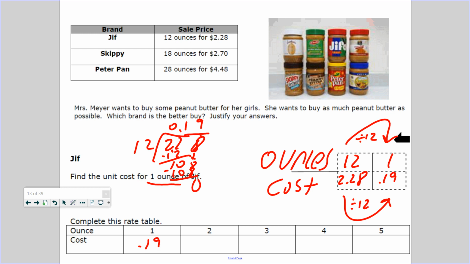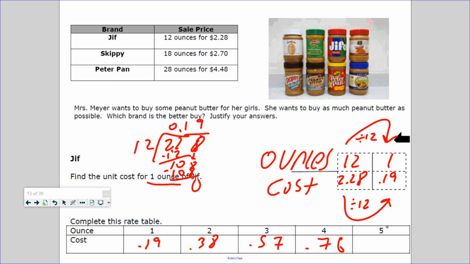What if I buy 2 ounces? 19 plus 19 is 38. What if I buy 3 ounces? 19 plus 19 plus 19 is 57 cents. What if I buy 4 ounces? 19 plus 19 plus 19 plus 19 would be 76 cents.